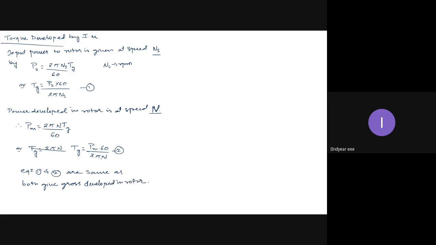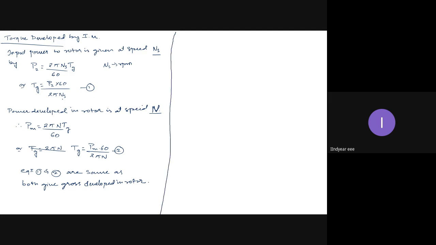So either I can express my gross torque in terms of power developed in rotor, or I can express my gross torque in terms of power input to rotor. If I consider power input to rotor, then I should consider synchronous speed. If I consider power output of the rotor or gross power of the rotor, I should consider actual speed, that is rotor speed. So this care must be taken.